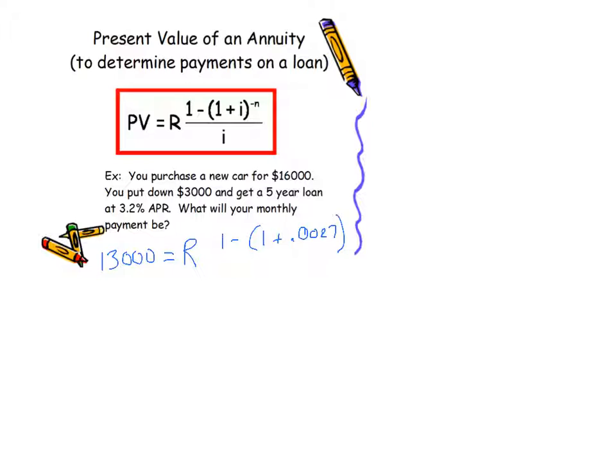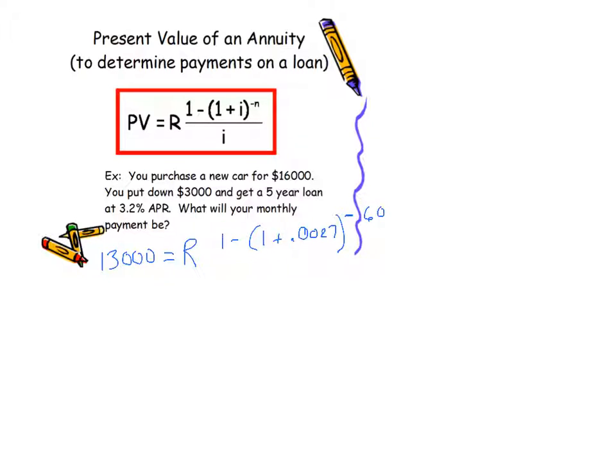And then that needs to be raised to the negative, and remember, n is the number of payments that there are going to be. Well, it's a 5-year loan, and you're making monthly payments, so 5 times 12 is 60.